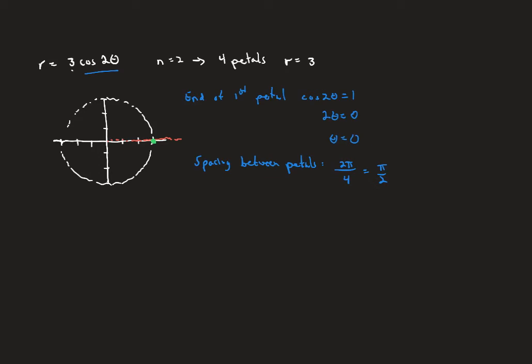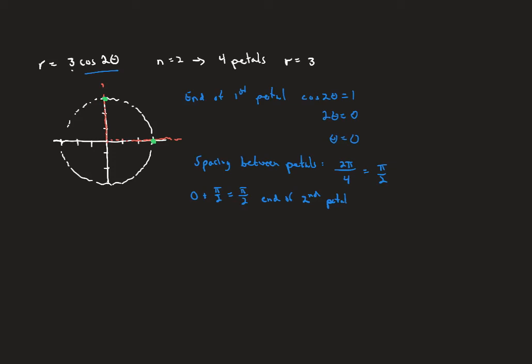So I'm going to take the end of our first petal, 0, and add the pi over 2 to that, and that's going to be the end of our second petal. And so I will go to the angle pi over 2. That's going to put us up here, and I'll put a little green dot where that intersects the circle. There's the end of our second petal.